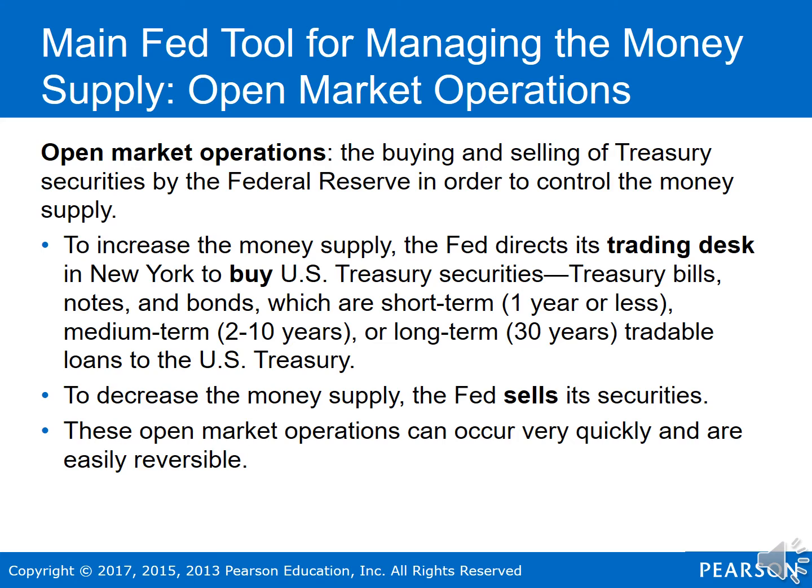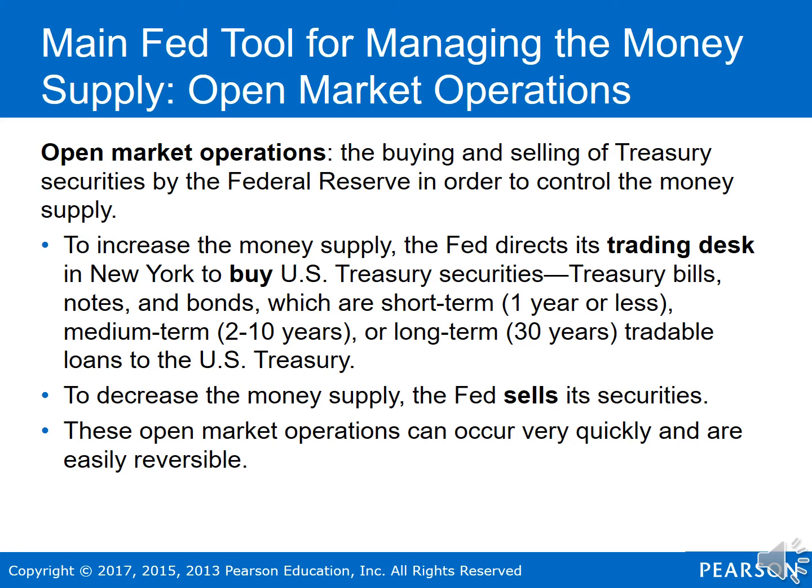Now, open market operations were discovered by the Federal Reserve in the aftermath of the Great Depression by accident. They had a portfolio of government treasuries, and they went to sell some of them because they wanted to just get some cash for those assets. They found out that they actually moved interest rates in the market, and over time they began using this as their main monetary policy tool.